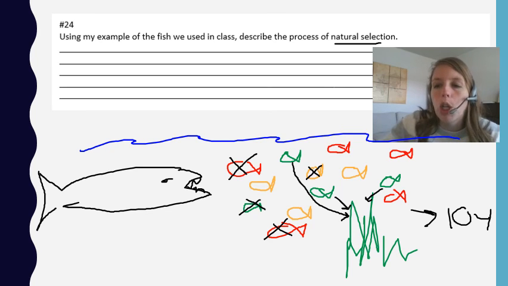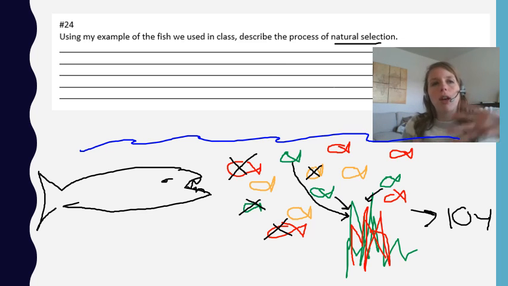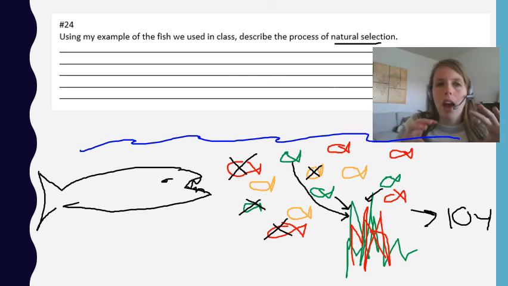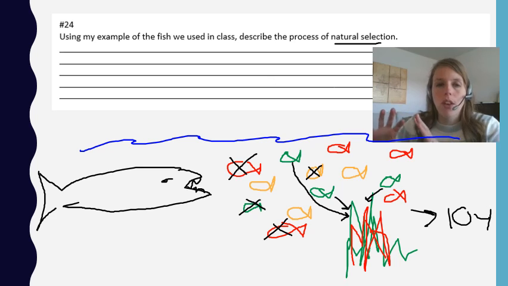Perhaps pollution in the water causes the seaweed to turn slightly more red. Then you can see how it might shift the other way, and perhaps now the few red fish that survive have a better advantage in that environment. And slowly, after many, many years, the population would shift to have more red fish in it and maybe less green.